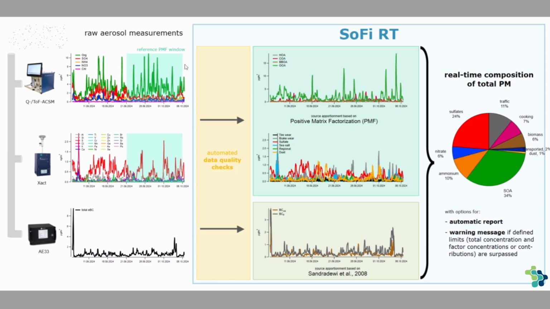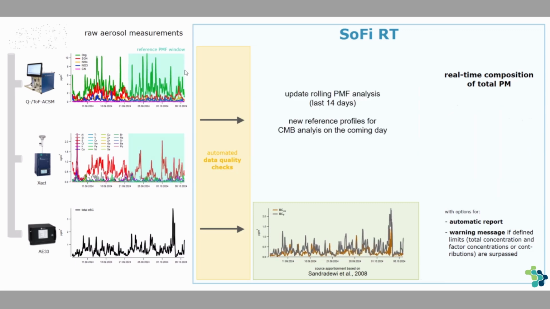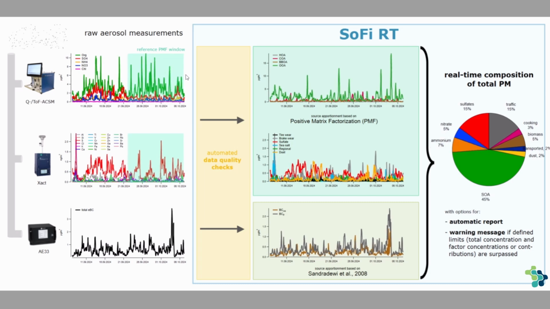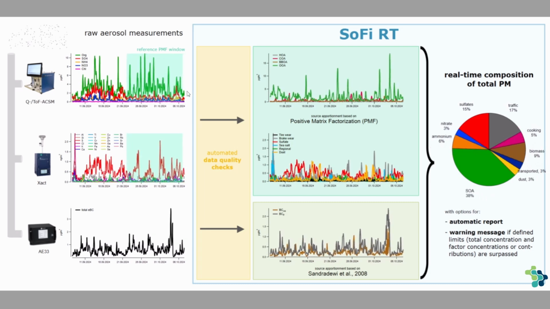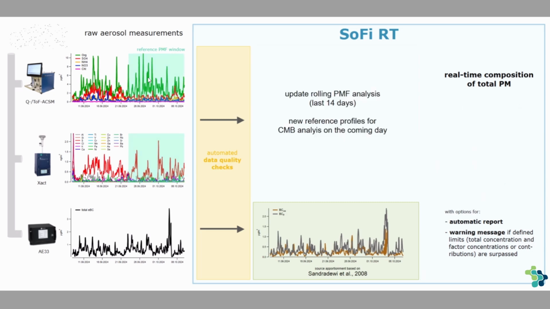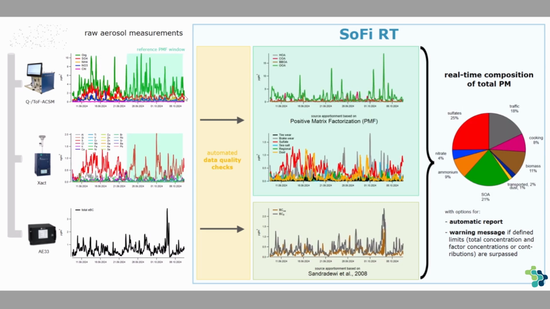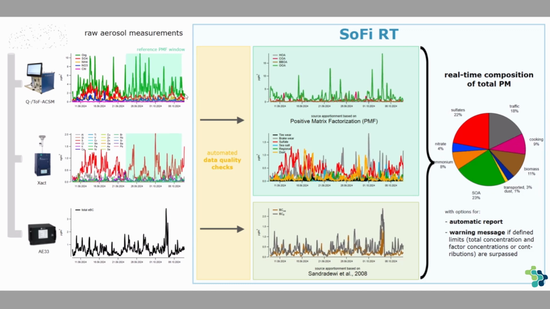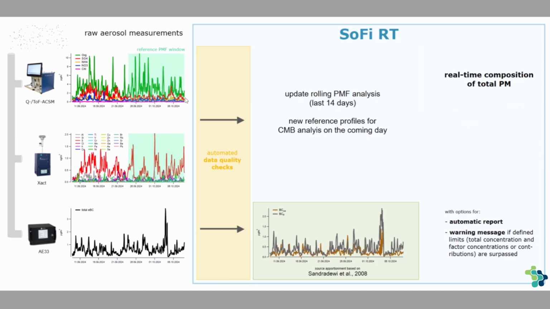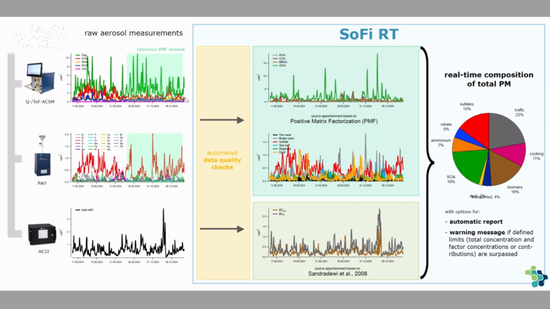This PMF result is the basis for the chemical mass balance, the CMB approach. The CMB approach is performed over the current day and basically takes all the fingerprints from the sources of the PMF result, constrains them tightly, and the CMB model simply fits the contribution. As you can see here, while it's evolving for the current day, the contribution that evolves, this is the CMB approach.